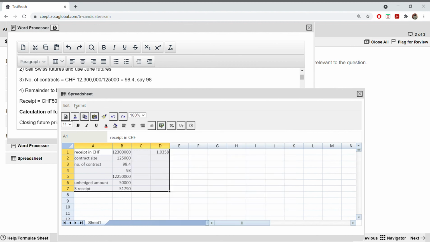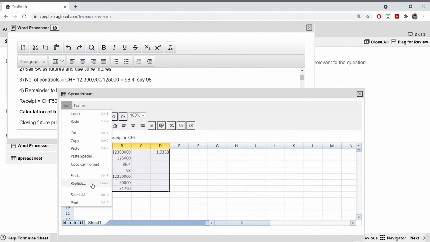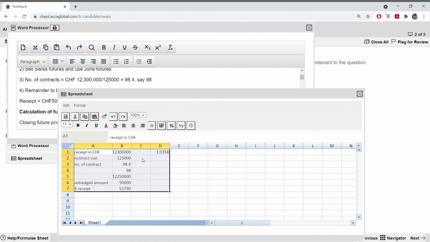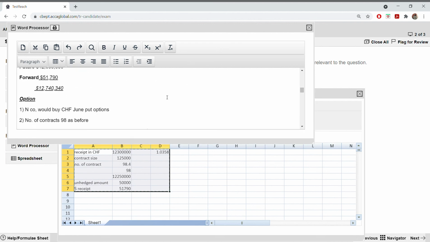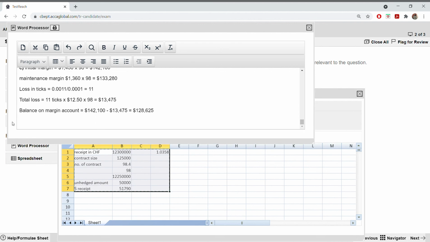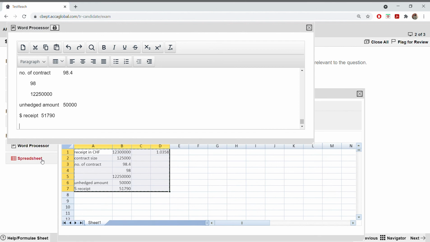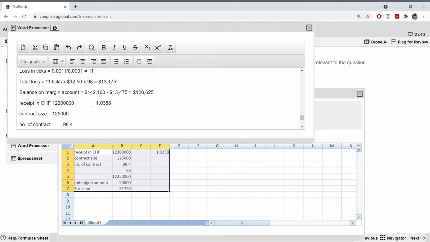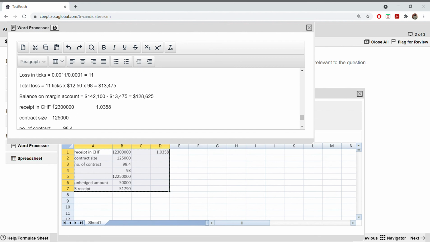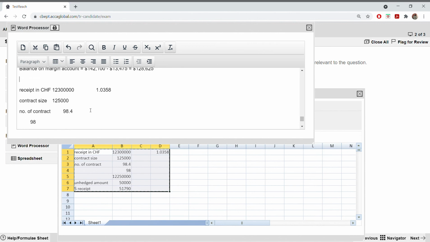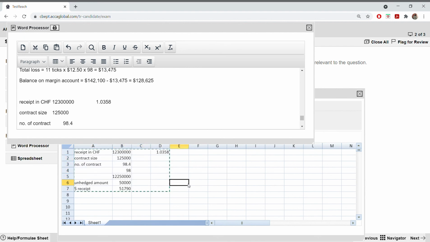No, we can't edit. Okay, let's say copy paste it here. So the table is pasted here, if you see. But when you paste it here, it comes like this. So you have to be careful for that.